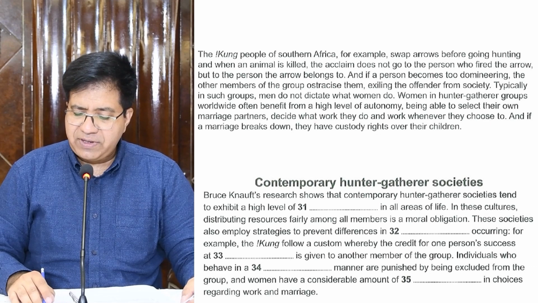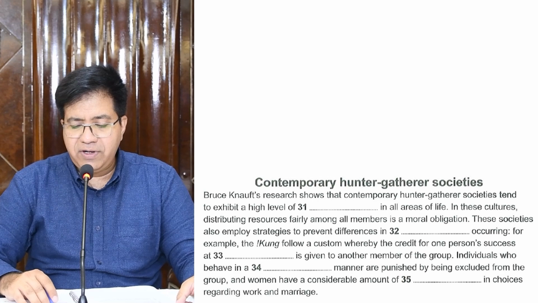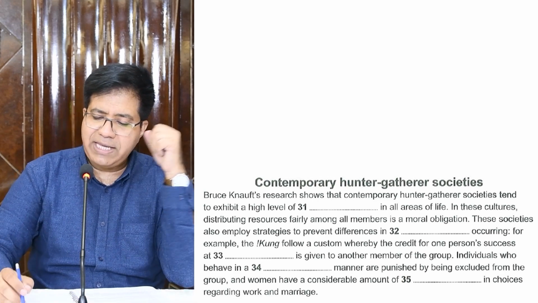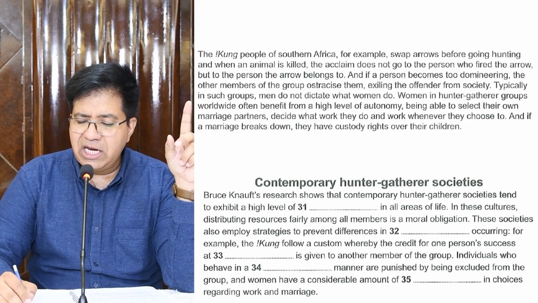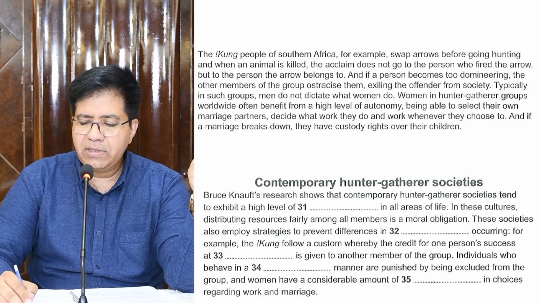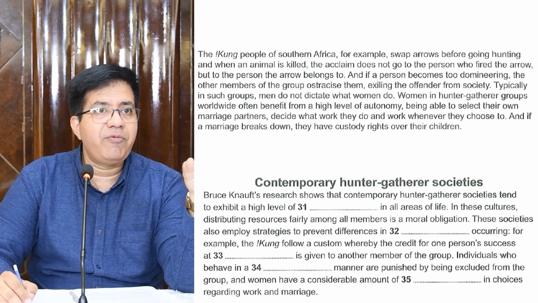And women have considerable amount of dash in choices regarding work and marriage. Considerable amount of. Same paragraph. I'm reading it from the fourth last line after the full stop. Women in hunter-gatherers. Found it?